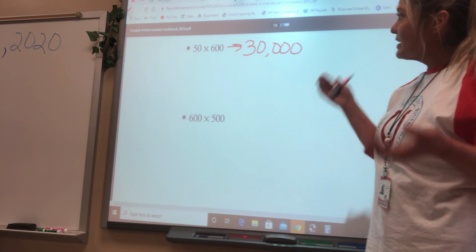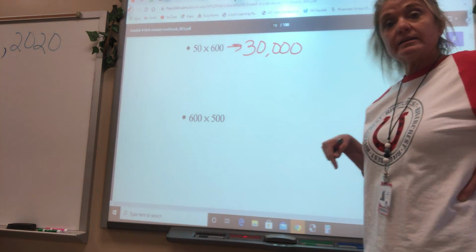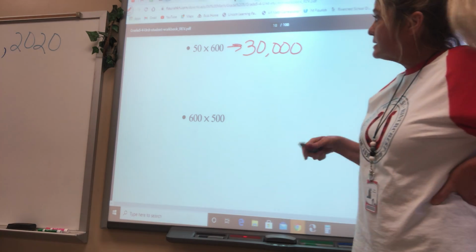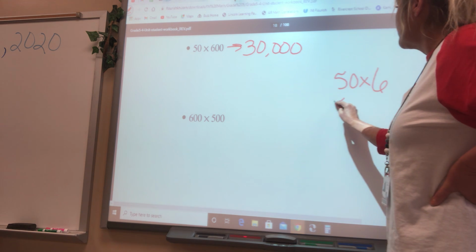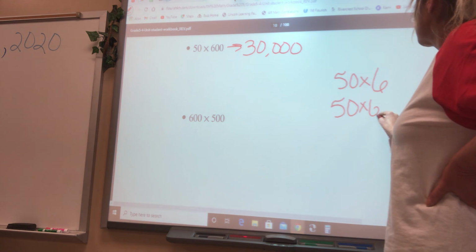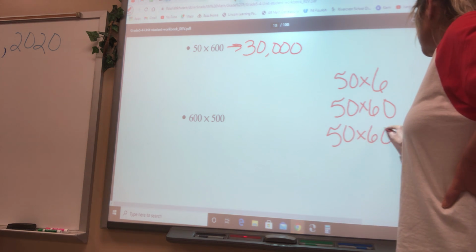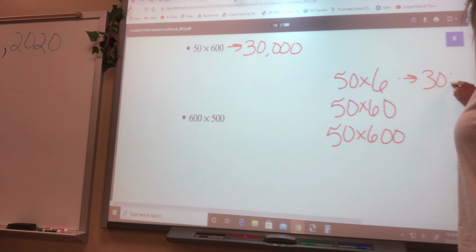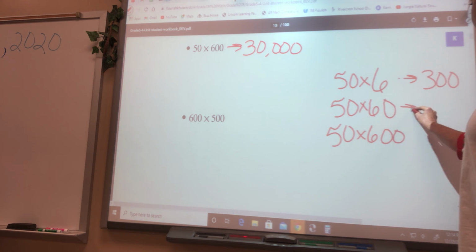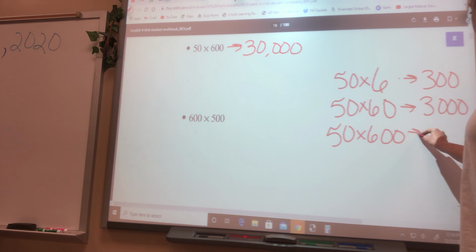So if I start to look at the pattern, each time we've added another 0. Because each time we started with this, and then it went to this, and then it went to what we have up top, 50 times 600. And every time we added a 0 into our factors, what happened to our product?